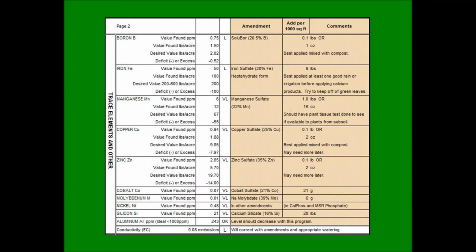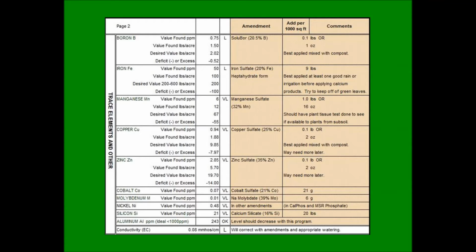Okay, so here's the top of page 2, and this is our trace elements. On this particular test, the trace elements were low or very low on almost all of these instances here. So we're going to be adding various amounts, again, per 1,000 square feet for the various amendments.